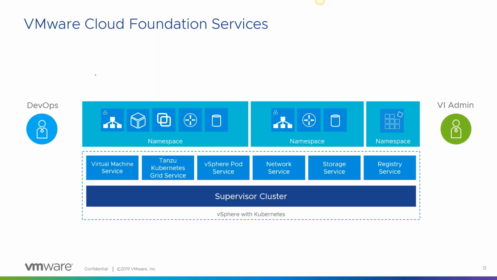Within this environment, we provide new capabilities that we didn't have before that deliver services for my VI admin alongside my DevOps team simultaneously. What exactly do we mean by that? Well, let's consider this. I'm your standard VI admin. I'm using vCenter, I'm using APIs, and I'm doing my standard things of building clusters, managing virtual machines, managing resource pools. I know it, this is good.